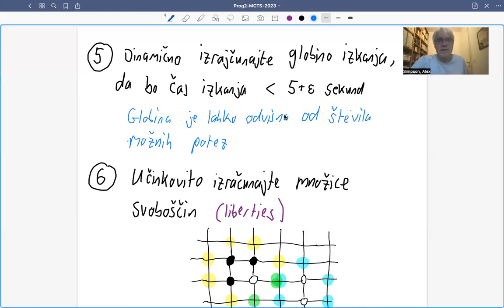And again, as the game continues, eventually you'll get to a stage at which you'll be able to increase the depth yet again. And so what I've incorporated into my program is a rather crude estimate, based on some estimating formula I have based on the number of moves that are available, of what depth of alpha beta search my algorithm is able to do within 5 plus epsilon seconds from the position.